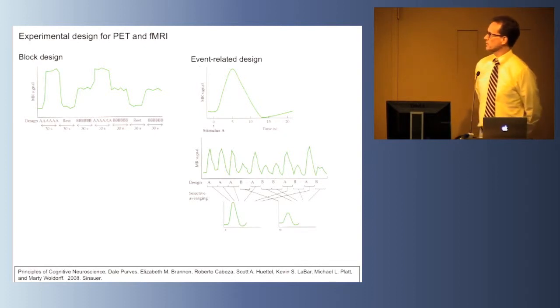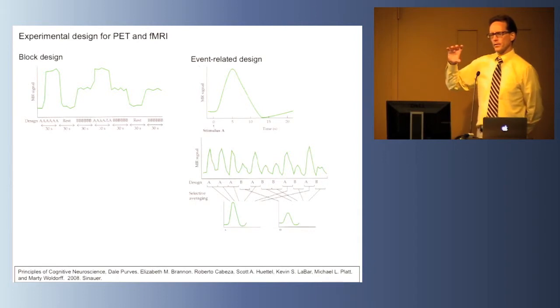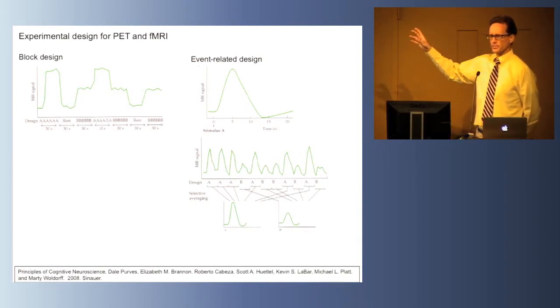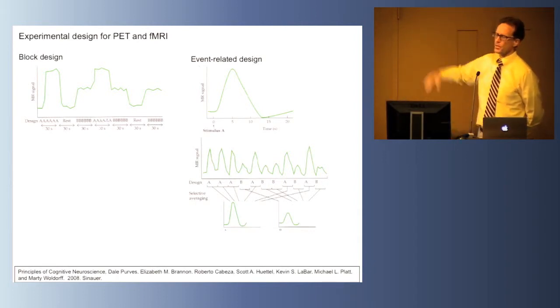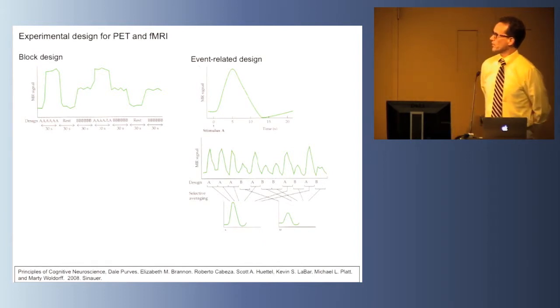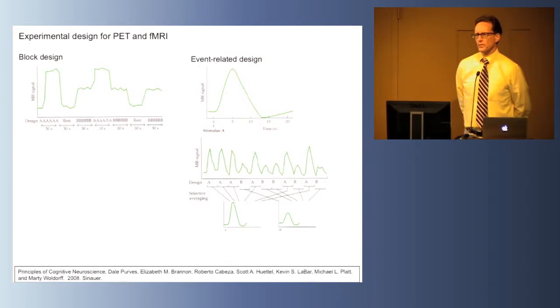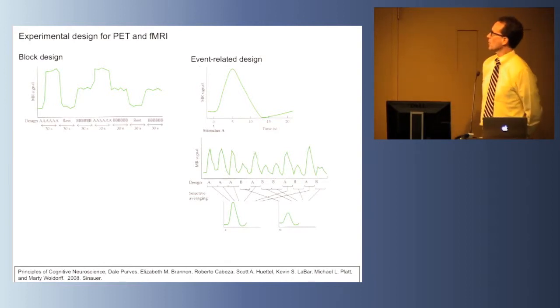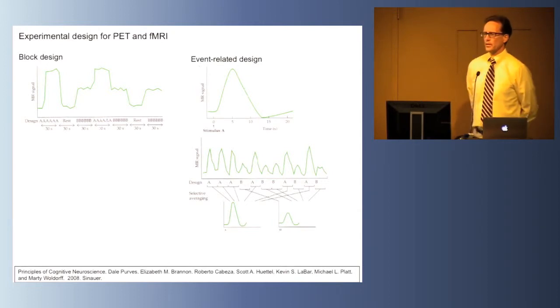And so we imagine that task A is very demanding on the part of the brain where we're measuring this MR signal. So this is just from one area in the brain. And when they're doing the A task, it's more active. When they're at rest, it's less active. And when they're doing the B task, it's some intermediate demand.